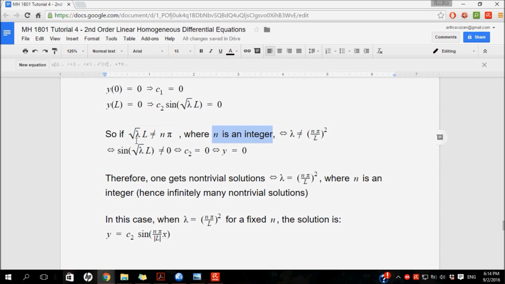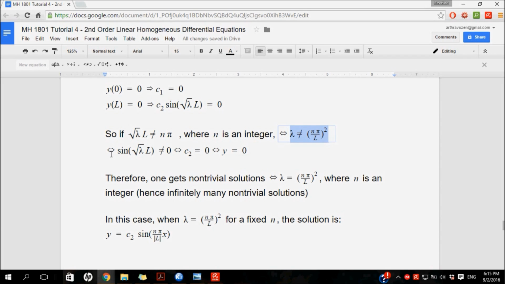So if we have that square root of lambda times L, whatever is inside the sine function, is not equal to n times pi, which means lambda is not equal to the square of n pi divided by L. We can divide by L because L is non-zero.